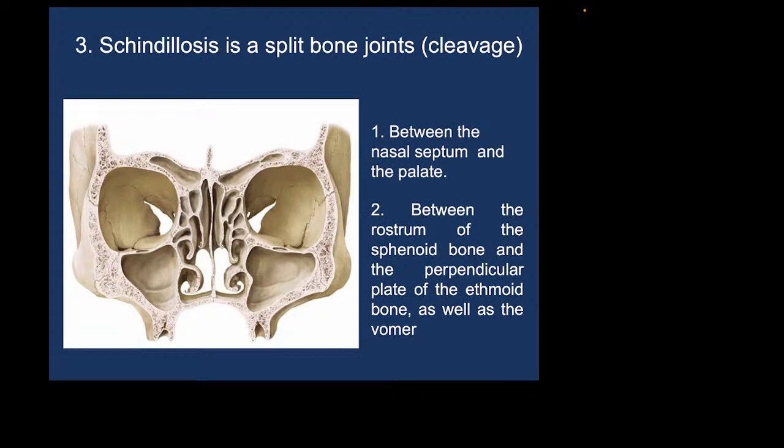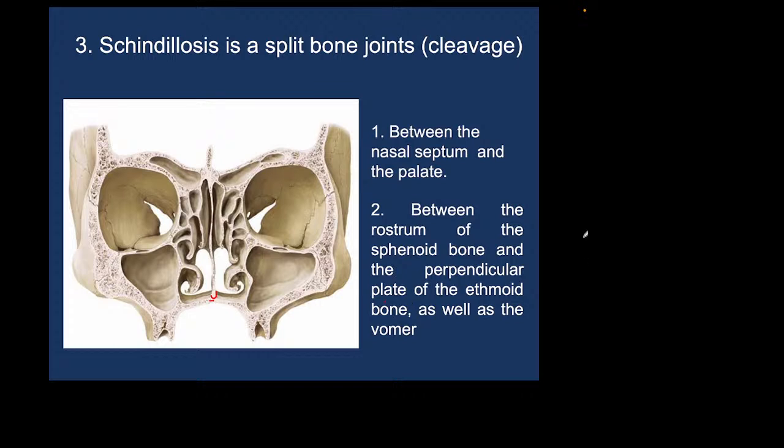Schindylesis is the connection with a split bone. We find such joints between the nasal septum and palate, and between the rostrum of the sphenoid bone and the perpendicular plate of the ethmoid bone.